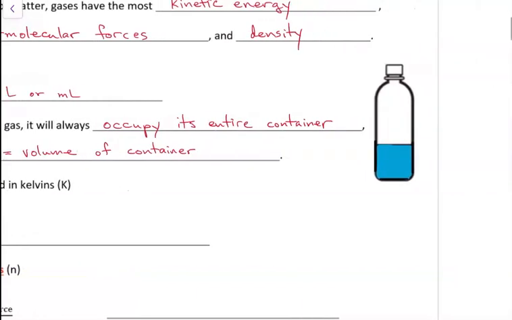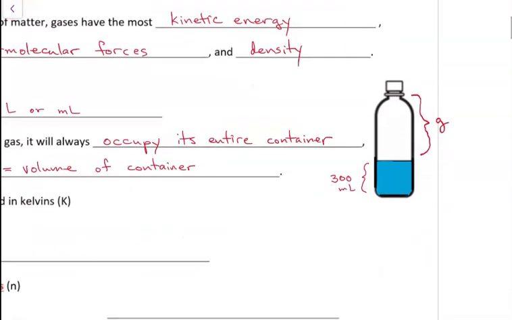So, for example, let's say I have a water bottle that has 300 milliliters of water at the bottom, and then above that it has a sample of gas, right? Let's say that the total volume of the entire bottle is 1,000 milliliters. Well, that means we can assume that the gas sample has a volume of 700 milliliters.